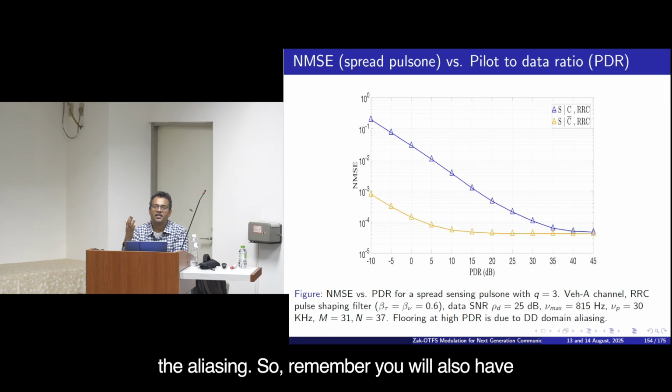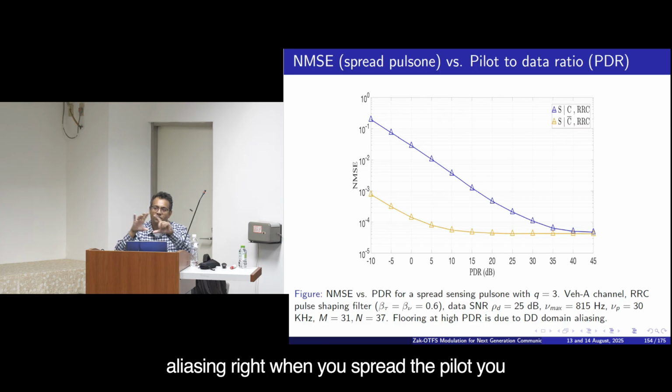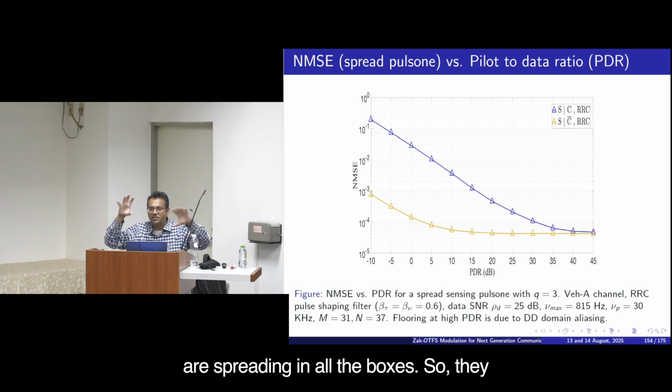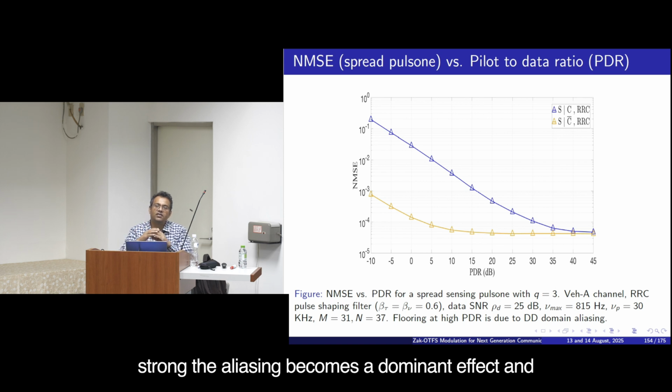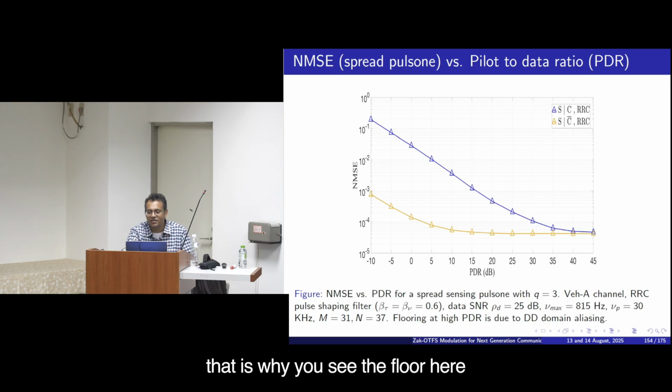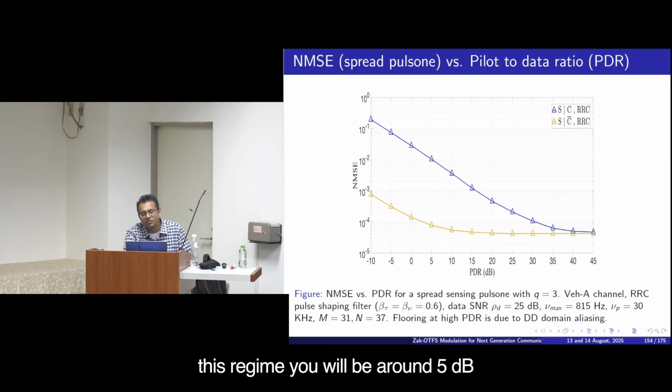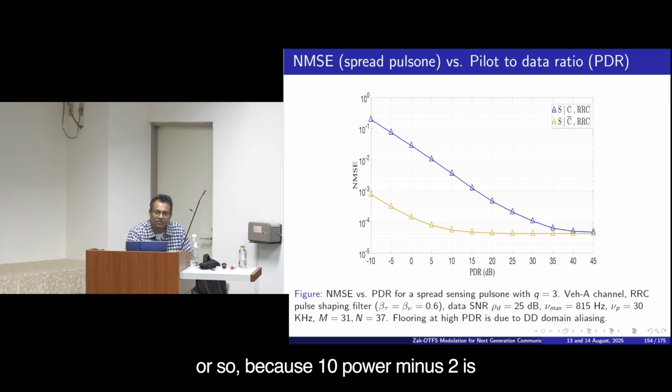Remember you will also have aliasing, right, when you spread the pilot you are spreading in all the boxes. So, they will alias, and when the pilot becomes strong, the aliasing becomes the dominant effect, and that is why you see the floor here, okay. But usually we will never go in this regime, you will be around 5 dB or so, because 10 power minus 2 is good enough.